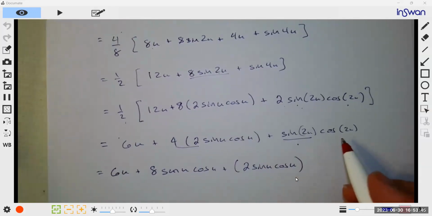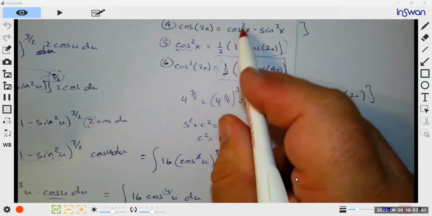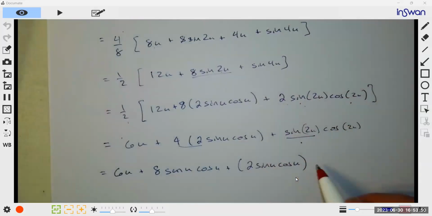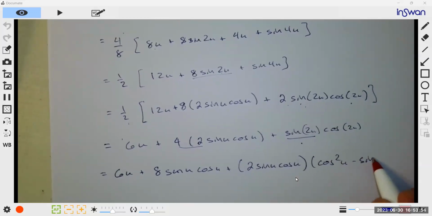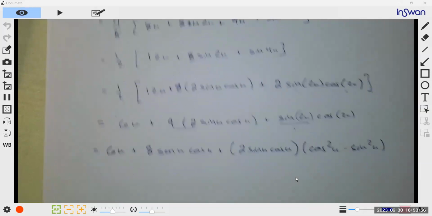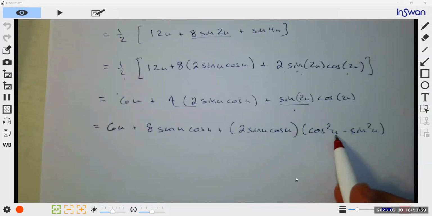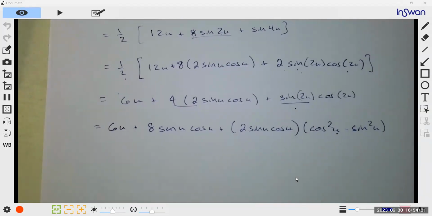And cosine 2u is cosine squared u minus sine squared u. I need to get it down to the single u because we have to convert it back eventually to the x's.